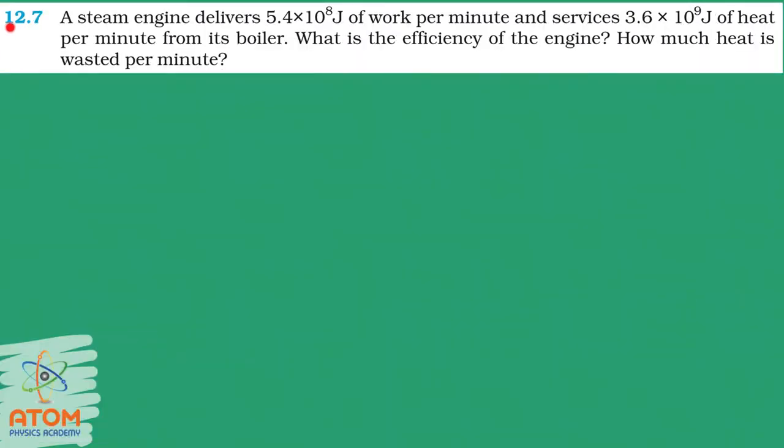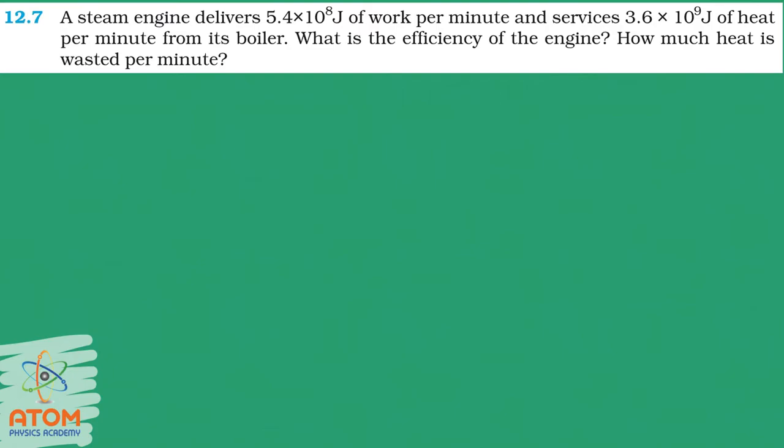Now let us see question 12.7. A steam engine delivers 5.4 into 10 raised to 8 joule of work per minute and receives 3.6 into 10 raised to 9 joule of heat per minute from the boiler. What is the efficiency of this engine and how much heat is wasted per minute?